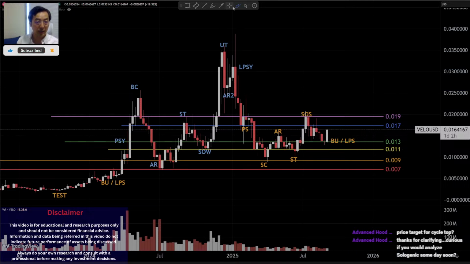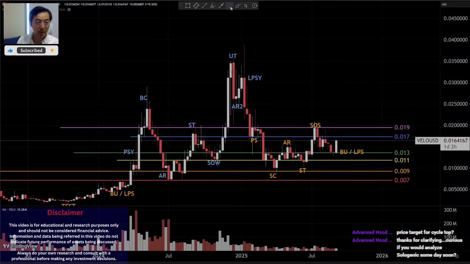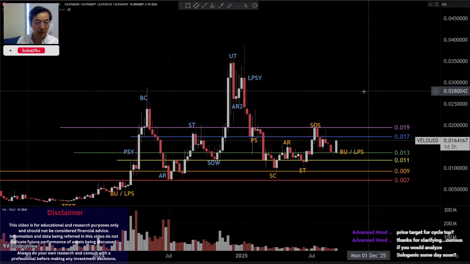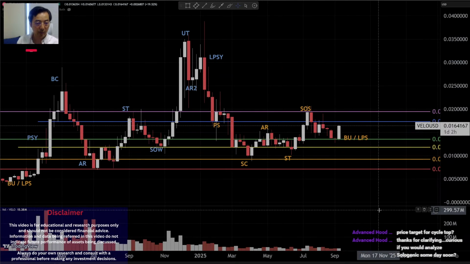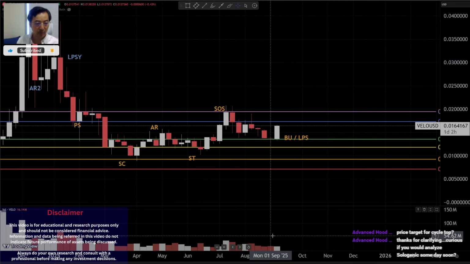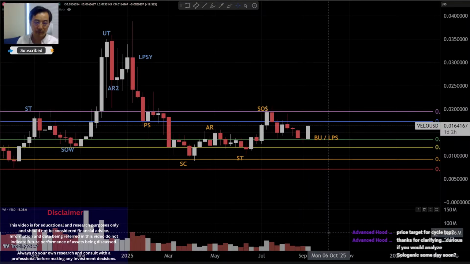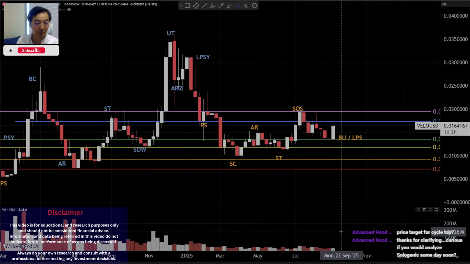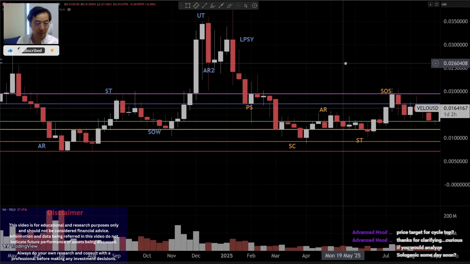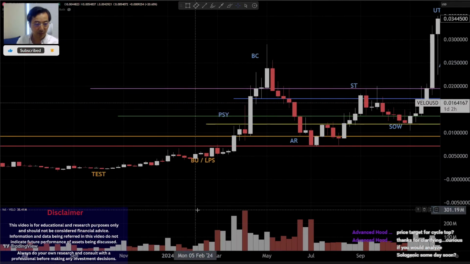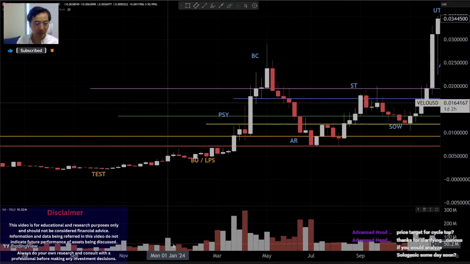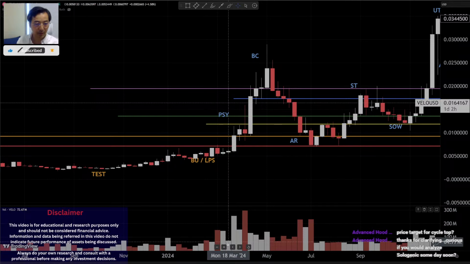I don't want to draw this line, I want this instead. Let me swap this back. Okay, so volume, nothing in particular, maybe the silence before the stormy period. So if we go back to what happened back in 2024, during this period the volume was pretty low until the point we get to the backup last point of support.